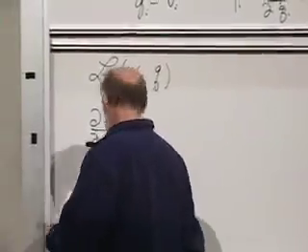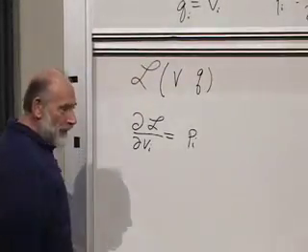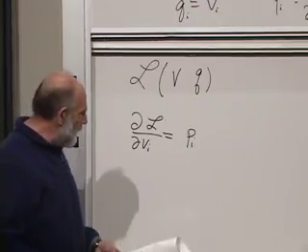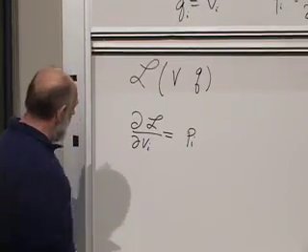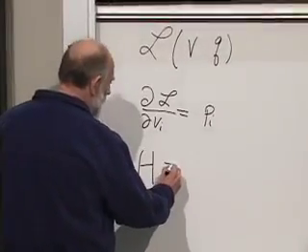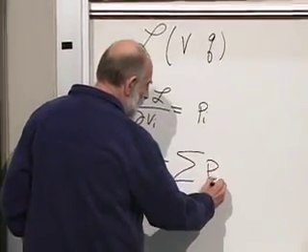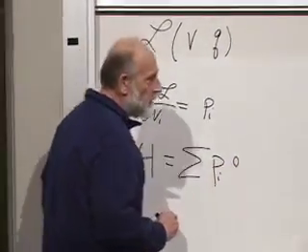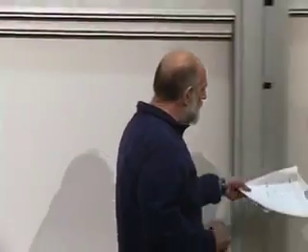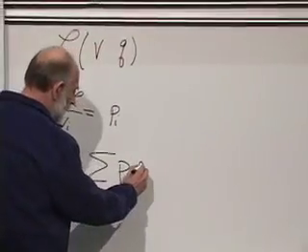Next, let's define the Hamiltonian. I'm absolutely repeating myself now, but I'm repeating myself in the language of mechanics. Let's define the Hamiltonian H to be the sum of P sub I V sub I. Usually we write P sub I Q sub I dot, right?